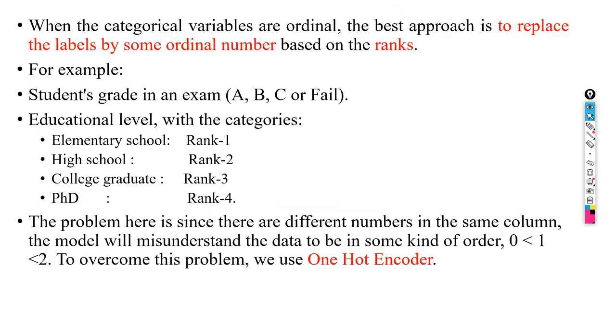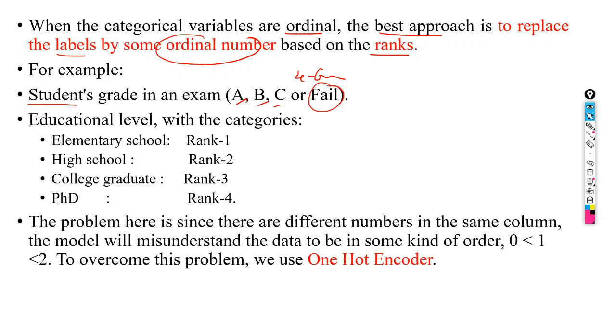When the categorical variable is ordinal, the best approach is to replace the labels by ordinal numbers based on the ranks. For example, students' grades in an exam: A, B, C and fail. These are the 4 grades.